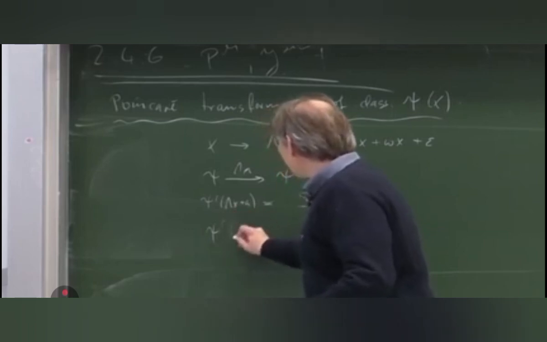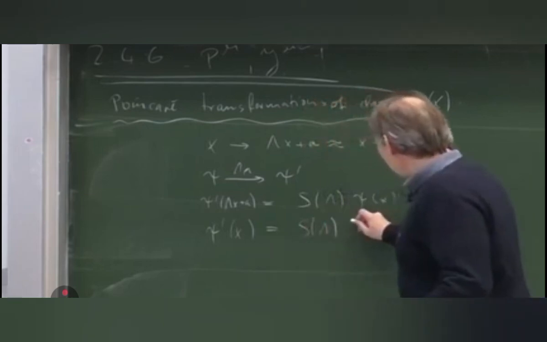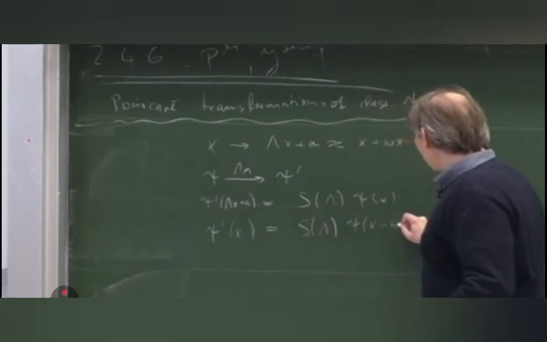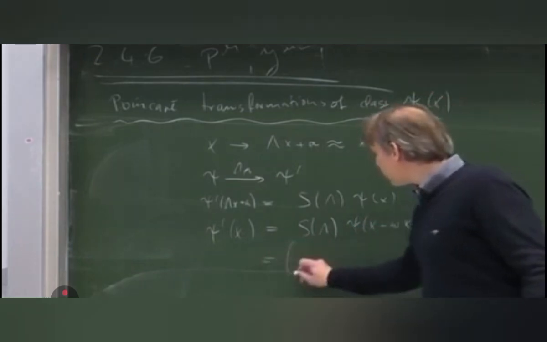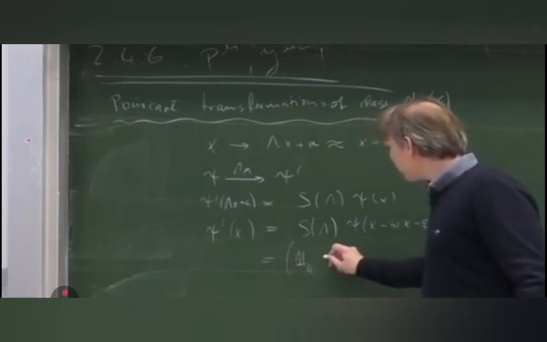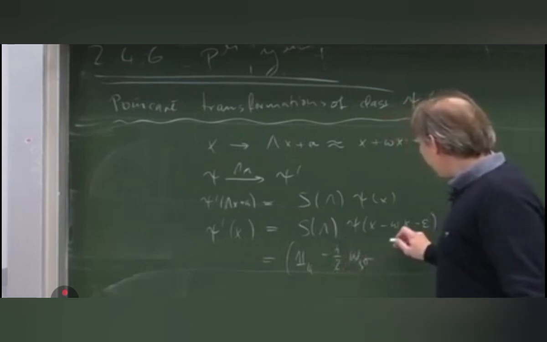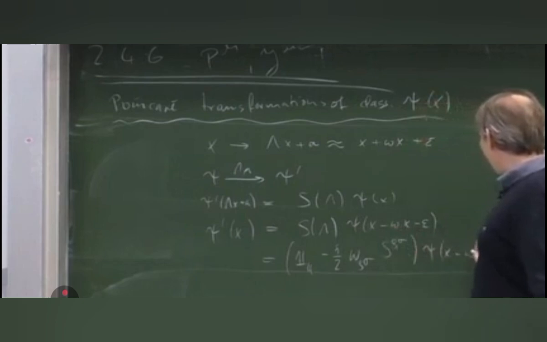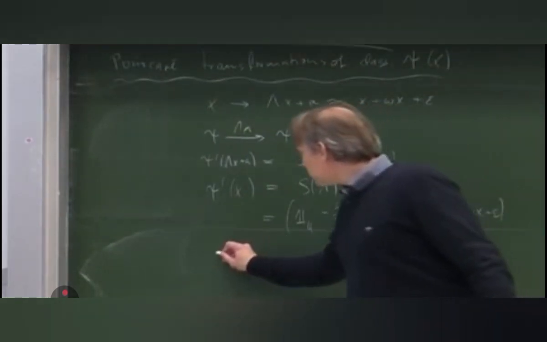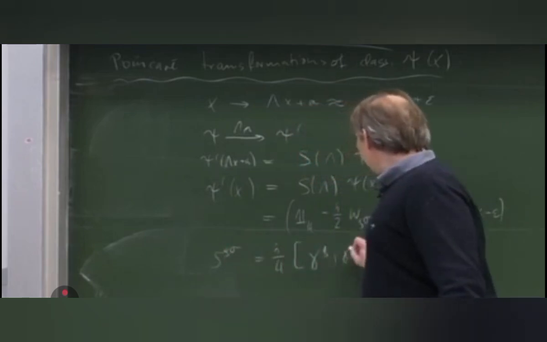Psi prime at x is given by S of lambda psi of x minus omega x minus epsilon, and this S of lambda is given by the unit matrix in 4 dimensions minus I/2 times omega rho sigma times S rho sigma, times psi of x minus omega x minus epsilon, where the S rho sigma is given by I/4 commutator of gamma rho times gamma sigma.